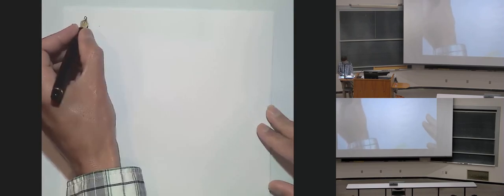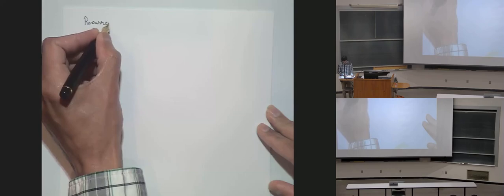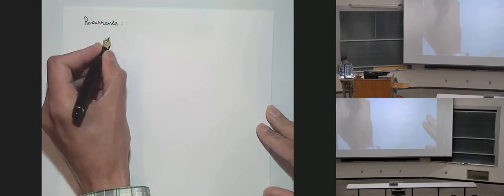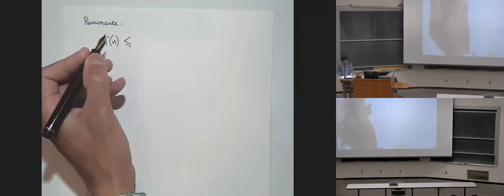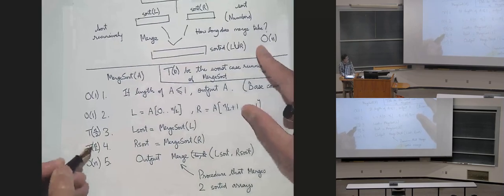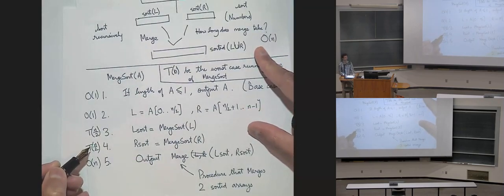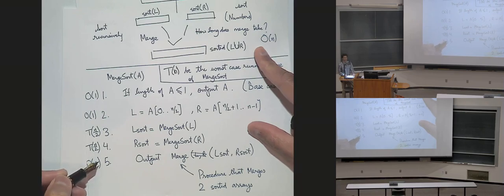And so you get the recurrence over here. The recurrence is basically T of n is at most 2 times T of n over 2 plus O of n.